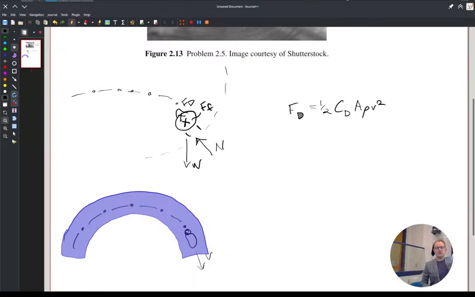Force of drag always opposes your motion. So if I'm moving forward, force of drag is backward. If I'm moving to the left, force of drag is pushing to the right. So the direction is always opposite your velocity, wherever your velocity is pointing.